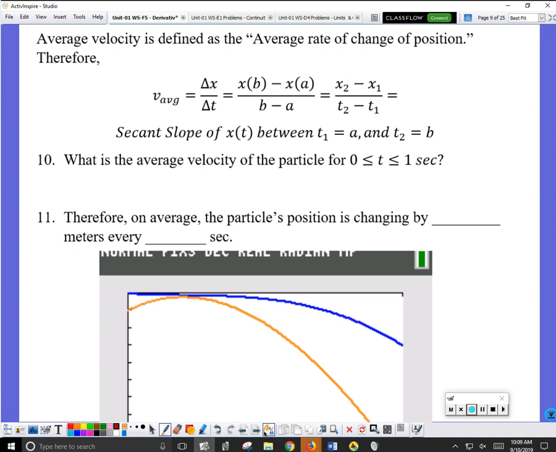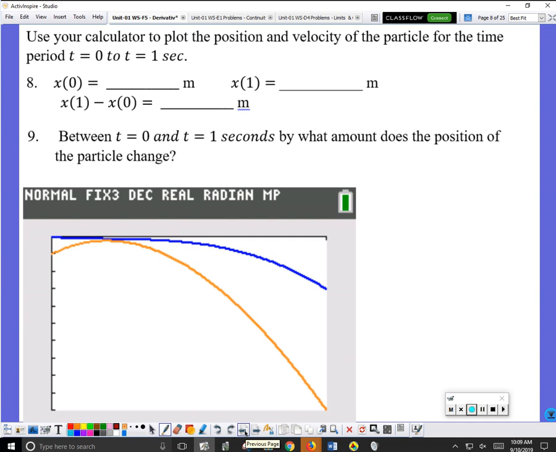So I guess we got to go backwards here. So back here, the position at time 0 turned out to be 0. Position at time 1, here's the graph. You use your calculator, so you'll figure out that the blue graph right here, at time equals 0, position is 0.